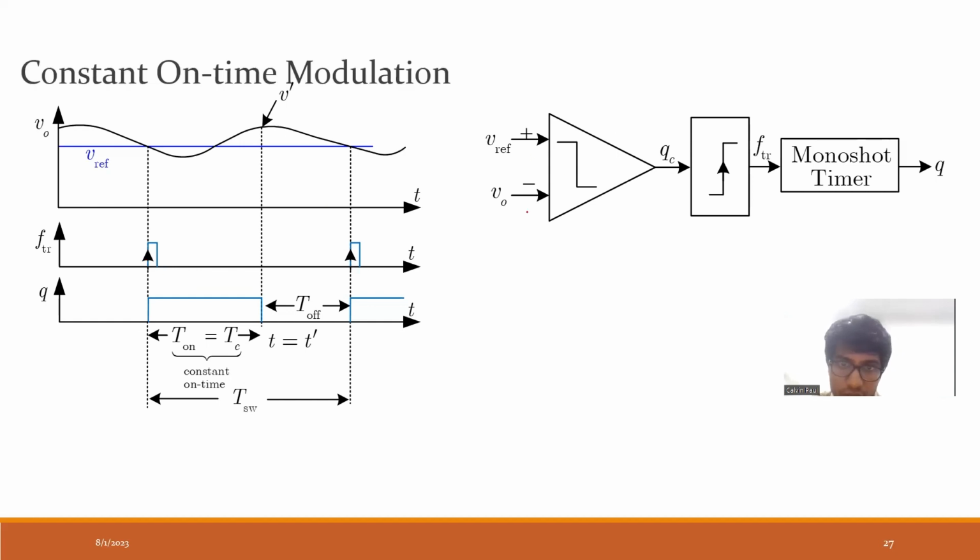QC will go high, and when QC goes high, it generates a rising edge trigger. That will generate a trigger signal which will go to a monoshot timer, and that will cause this pulse to be on for a fixed duration.